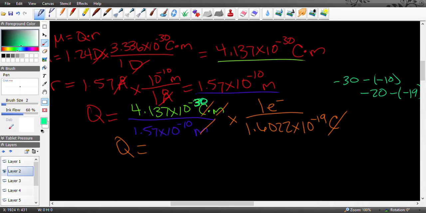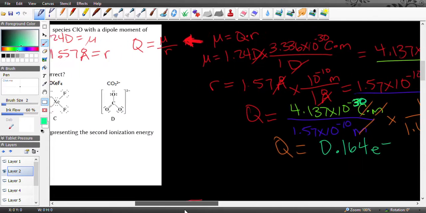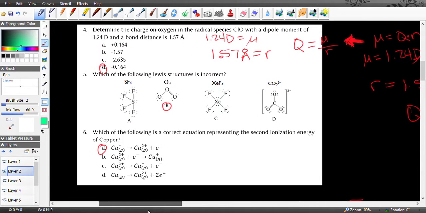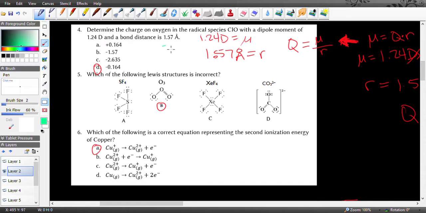I'm just working out the exponents, but you can do this in your calculator. Your answer is going to be 0.164. Now check and make sure everything's in 3 sig figs. Yep, 3 sig figs. And that's our answer right there, that's what the charge on the oxygen will be.